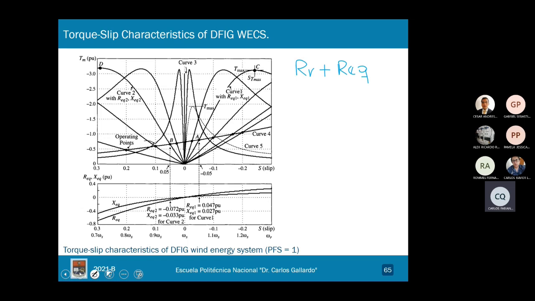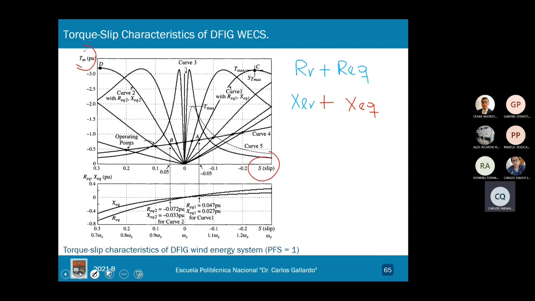This is for the resistance, and besides I need to have the total reactance. So I will have the rotor leakage reactance plus, once again, the equivalent reactance. So that is the way to analyze the torque slip characteristic. In this case I will have the mechanical torque and here the slip.